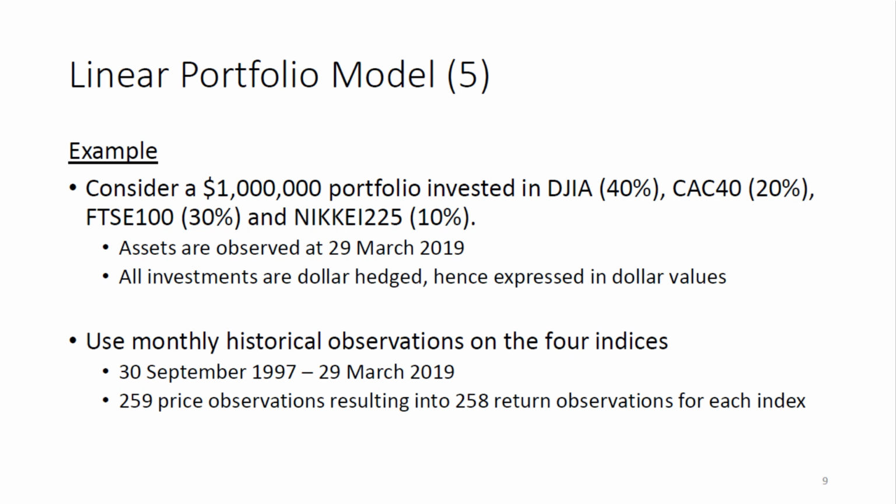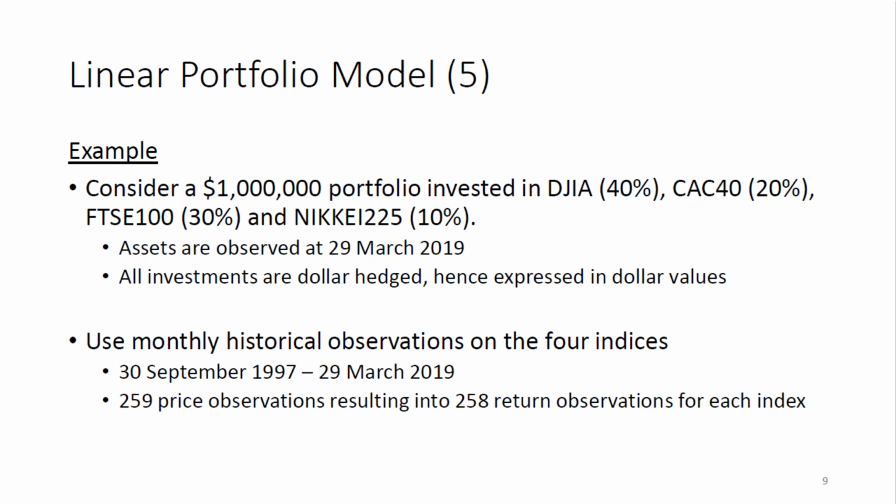And this portfolio is invested in 4 stock indices: the Dow Jones Industrial Average, the CAC 40, the FTSE 100, and the Nikkei 225. And in parentheses is the portfolio weight of these 4 investments. So 40% in the Dow Jones Industrial Average, 20% in the CAC 40, 30% in the FTSE 100, and 10% in the Nikkei 225.